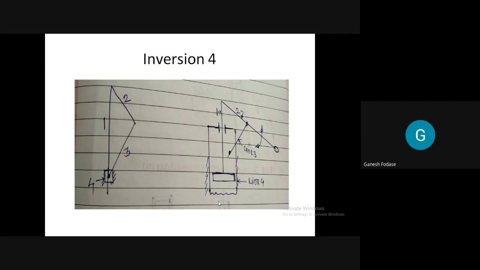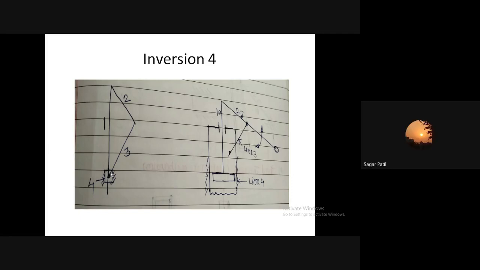Okay. Now second thing. Now tell me, which kind of pair is formed between link number 1 and 4? Observe the first diagram. Sliding pair. You know that. Sliding, 1 and 4.